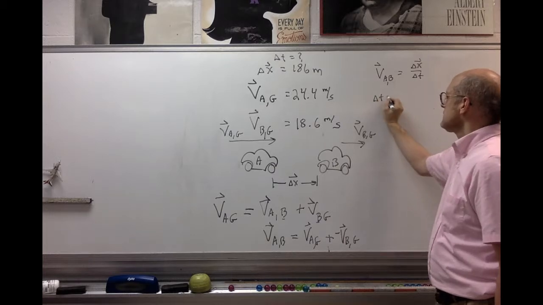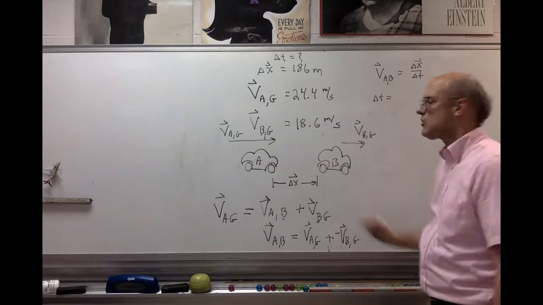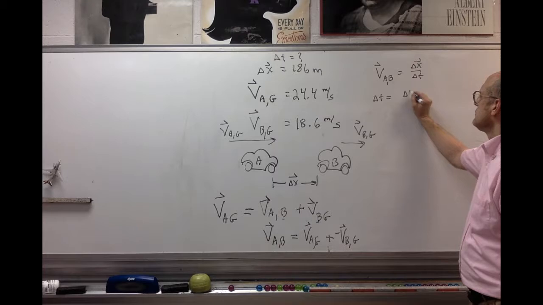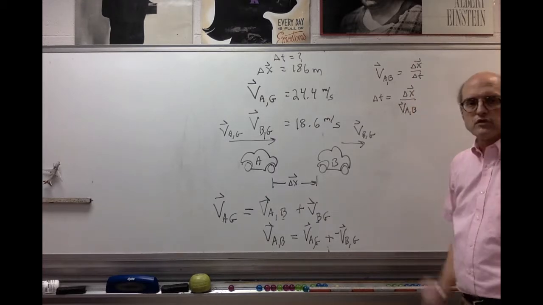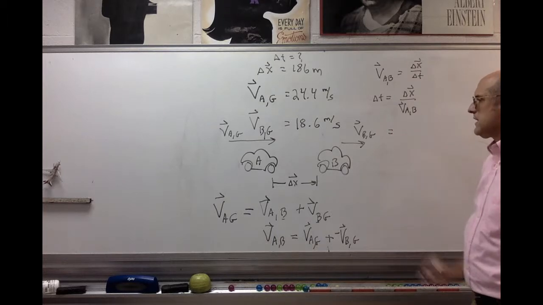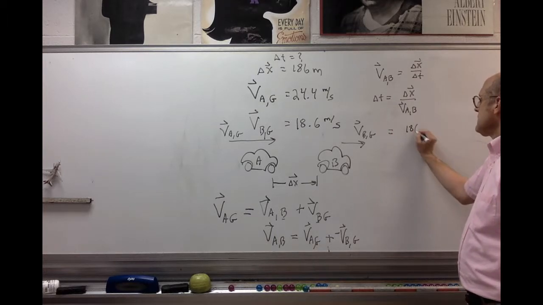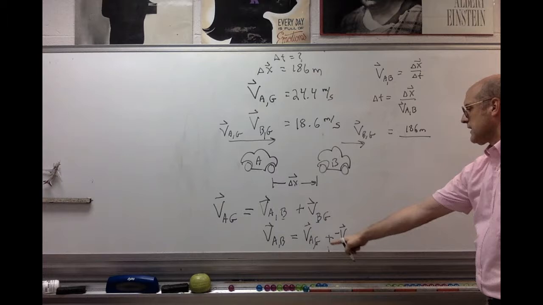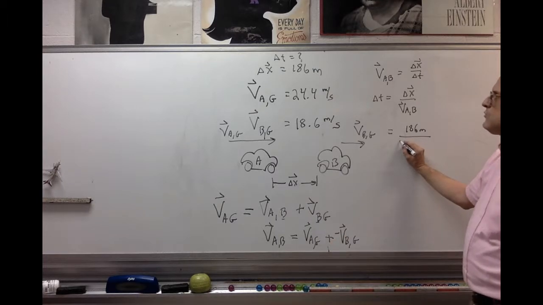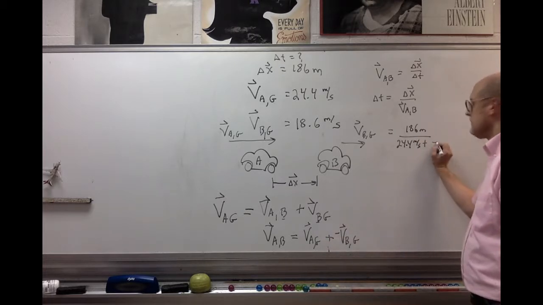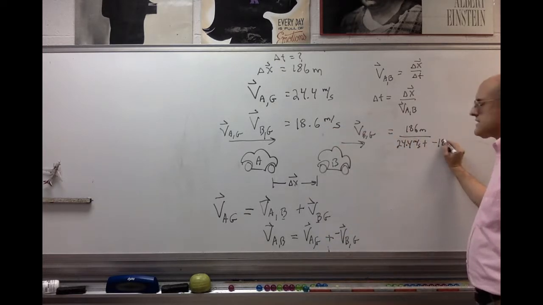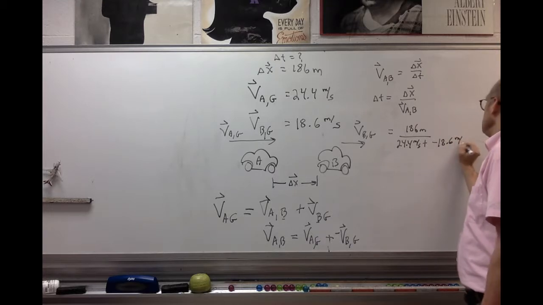So delta t, the time it takes car A to catch car B, is equal to delta x over the velocity of car A relative to car B. So we have 186 meters divided by VAG, which is 24.4 meters per second, plus a negative VBG, which is 18.6 meters per second.